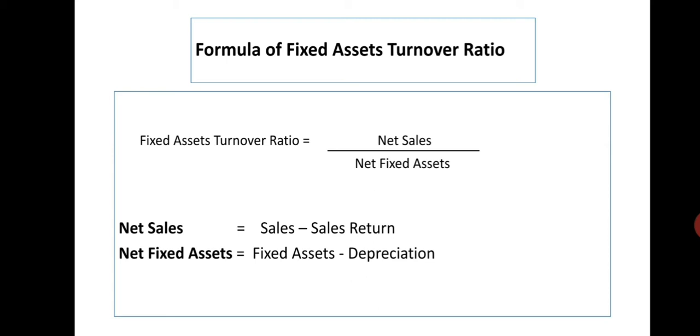Net sales means sales minus sales returns. And net fixed assets means fixed assets minus depreciation. If in the problem depreciation is given, we have to deduct it. If it is not given, whatever fixed assets is given, it is net fixed assets. And in case of sales also, if sales return is given, we have to deduct it. If it is not given, whatever sales is given is considered as net sales.